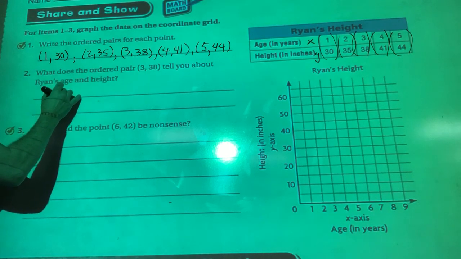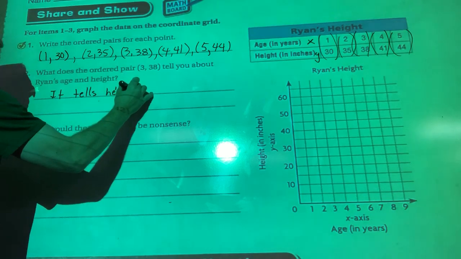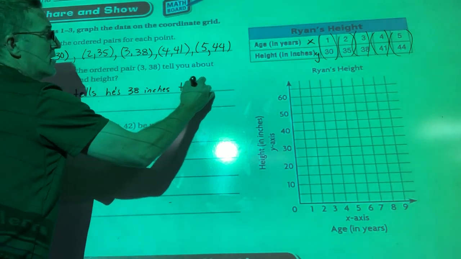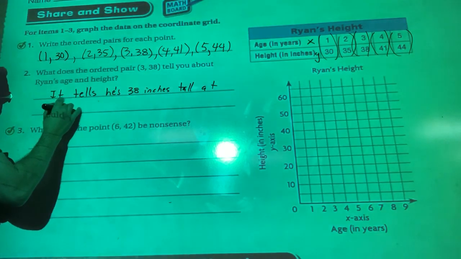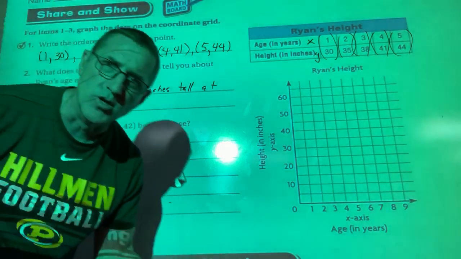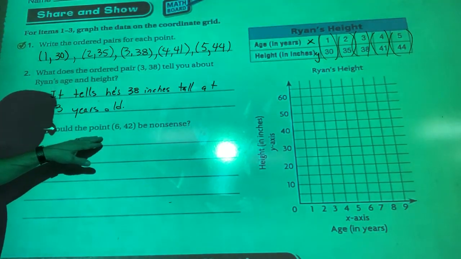It tells us he's 38 inches tall at 3 years old. Boom, simple, right?